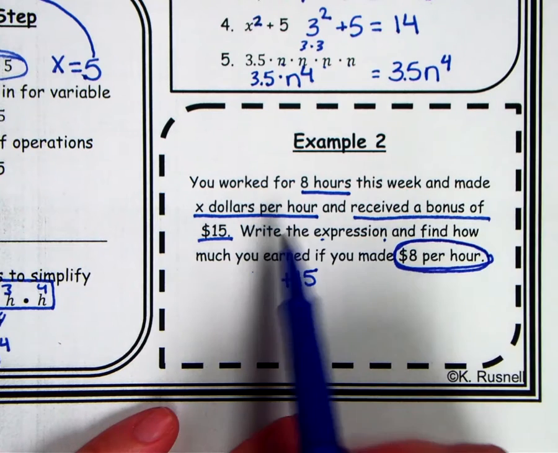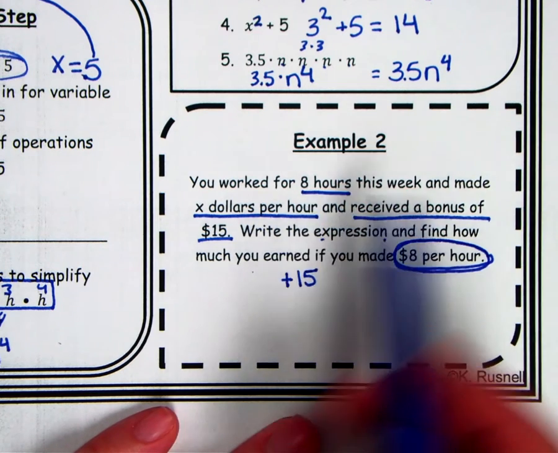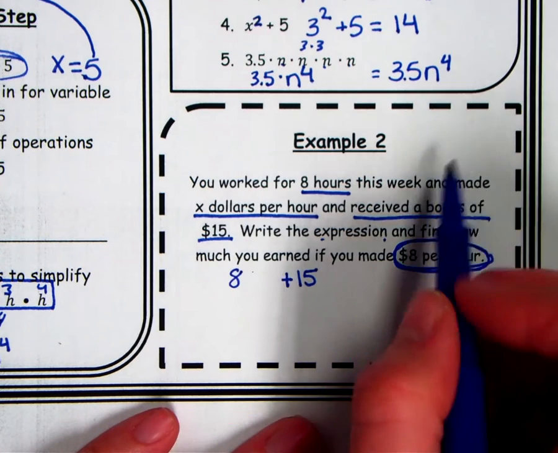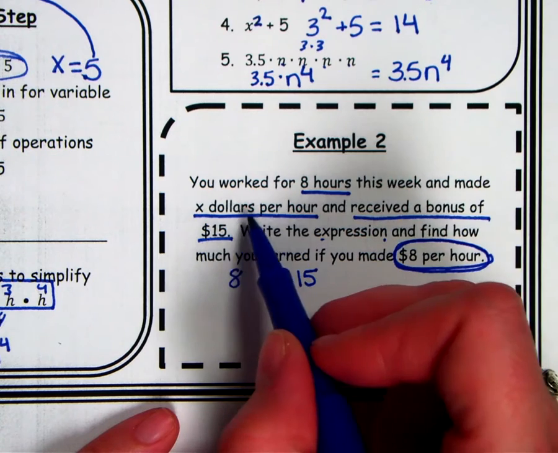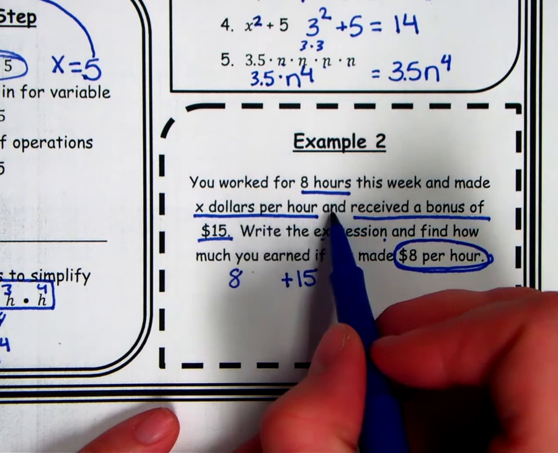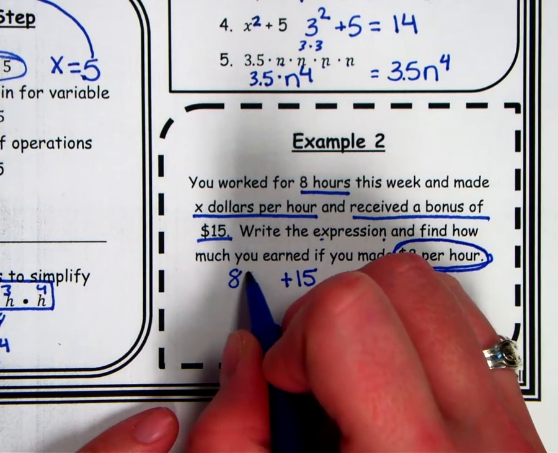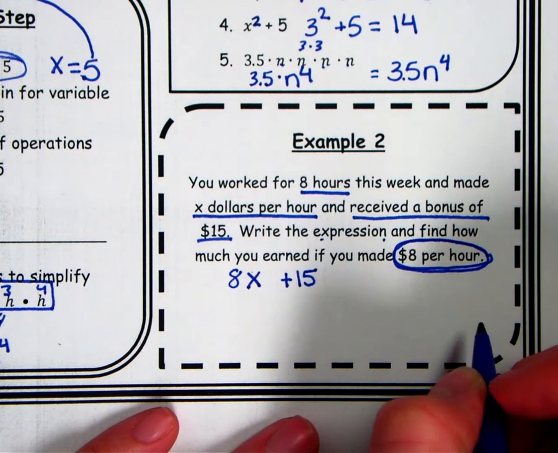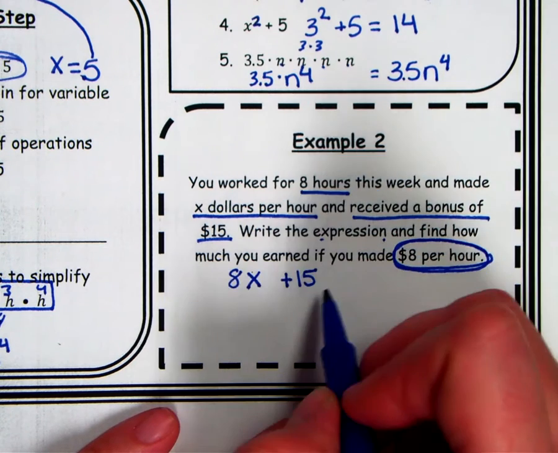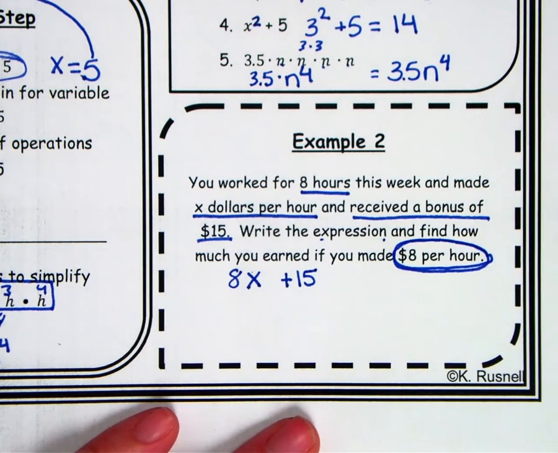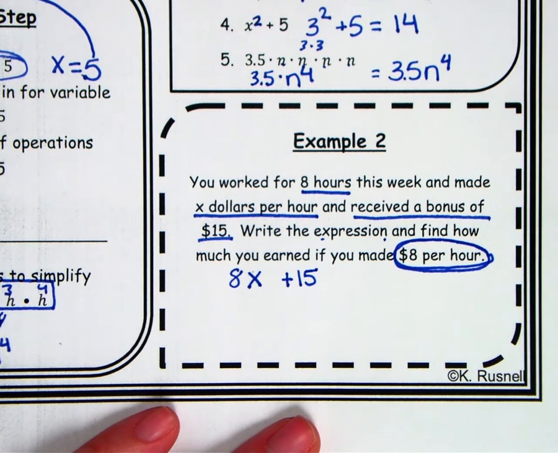So right here, we still don't know how much we make. It says we worked 8 hours. And remember that for per hour, X per hour, that means multiply. So it's going to be 8x plus 15. That gives me just the equation to figure out how much money I made.